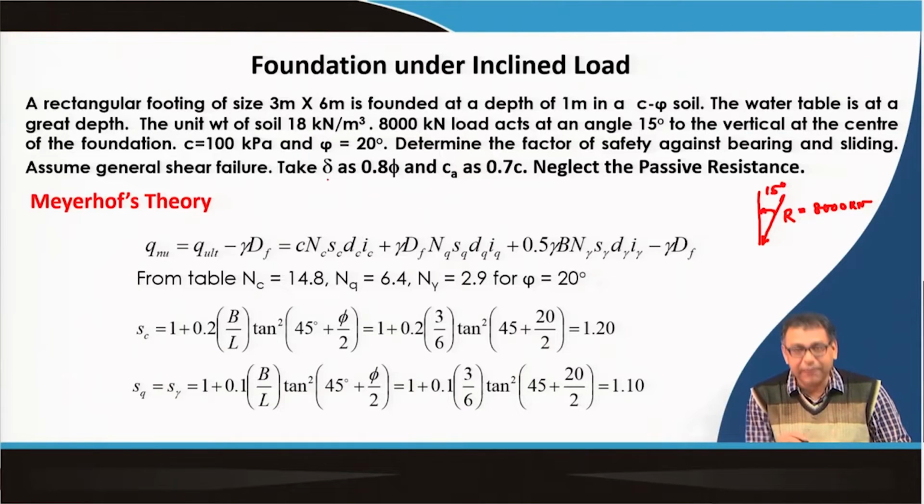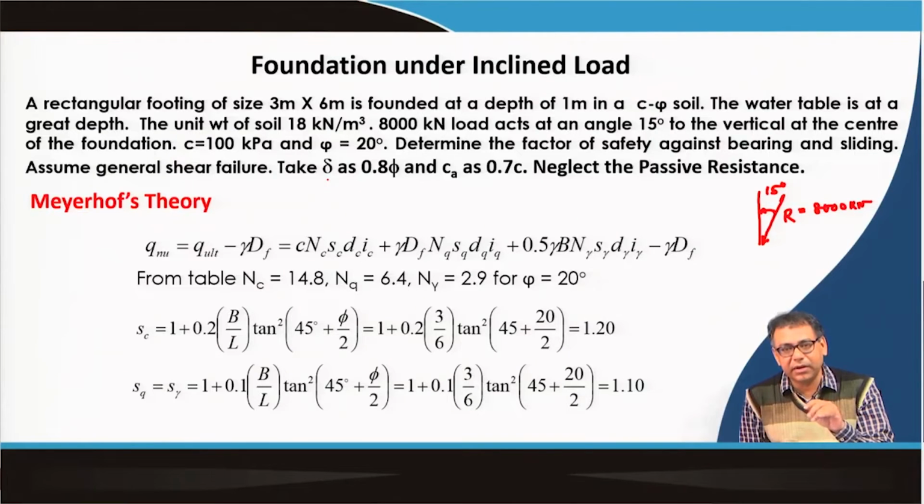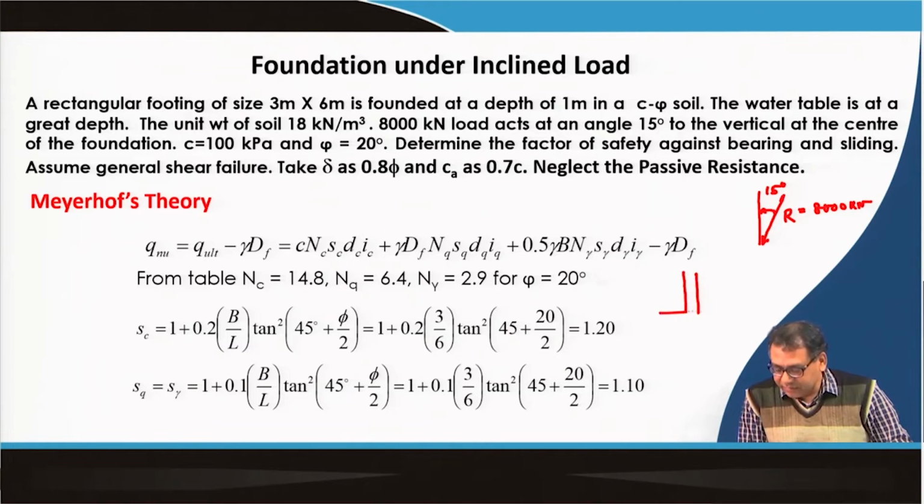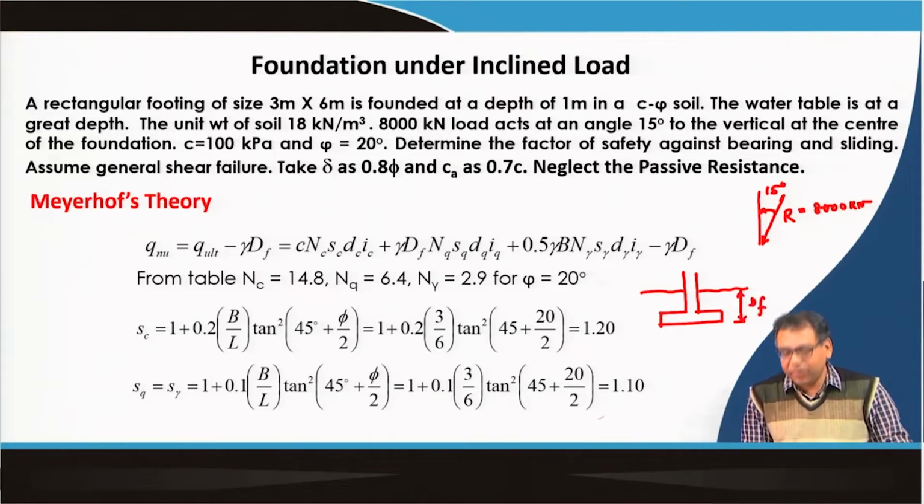That is why this delta, because this delta is the friction angle between the foundation and the base soil, and this adhesion is the adhesion between the foundation and the base soil. Remember that this is the base soil. And why do you neglect the passive resistance? For example, suppose we have a foundation and this is my depth of foundation. Now, there is an inclination of the load.